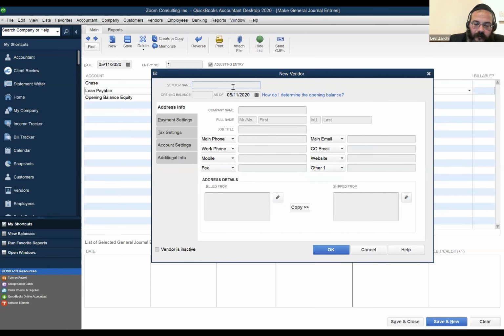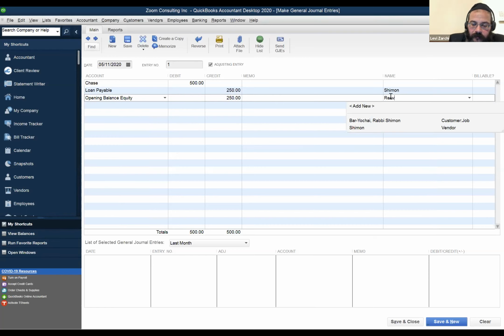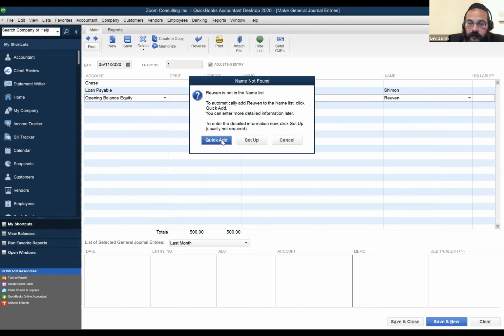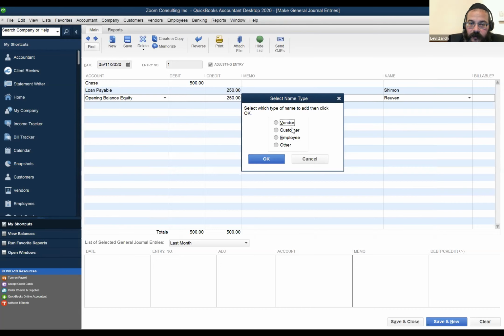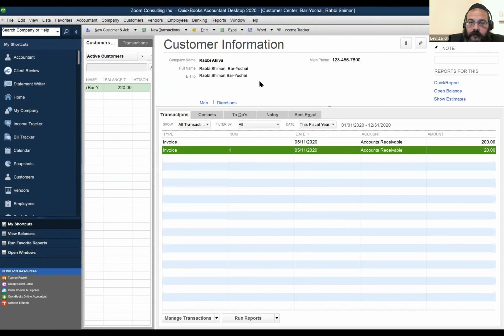His name is Plain Shimon, to differentiate him from Rabbi Shimon. This is a businessman who gave me $250. And who's the owner's equity? This is Reuven, because he's the owner. He's not a vendor, he's not a customer, he's an other, because it's me myself. And then I close it.